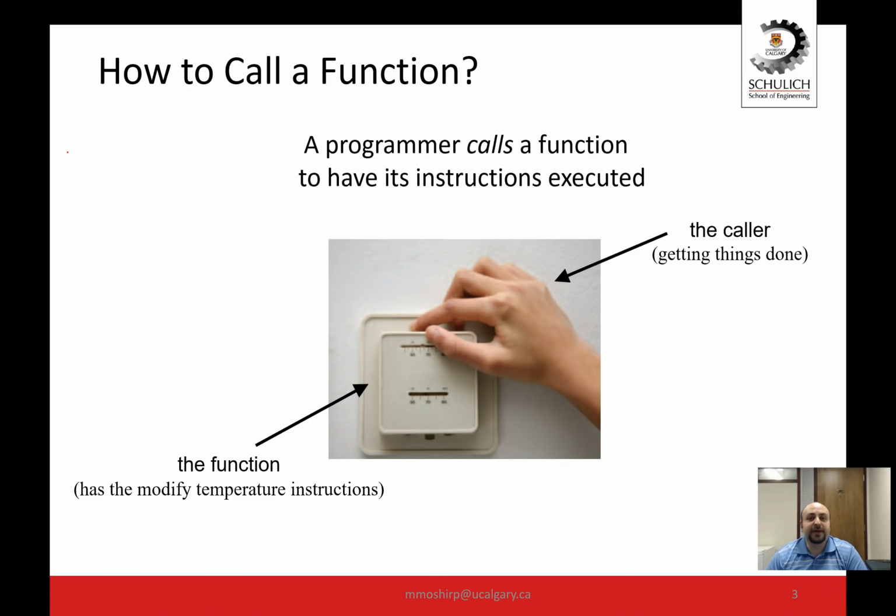For example, when you call function size and you give it the two inputs that it requires, it's going to change the size of the screen for you. Think of this as a thermostat. You don't really know how a thermostat works, but you know that if you change the degree, it's going to make the room hotter or colder for you. Predefined functions work the same.